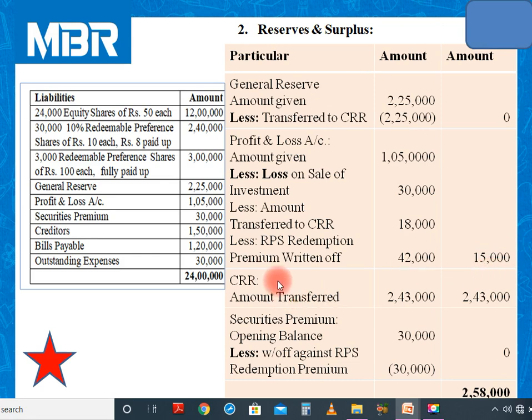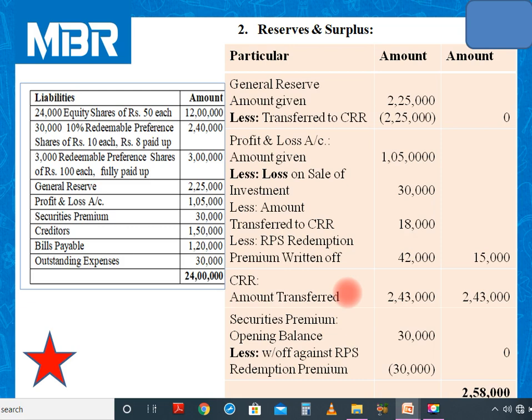Capital redemption reserve. It is a special reserve that we have created to redeem this RPS, 2,43,000. In this question, nothing is utilized from CRR. We can issue bonus equity shares, and in this particular situation, the amount of CRR can be utilized.